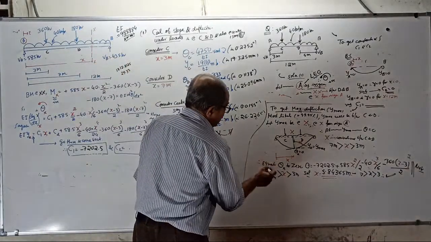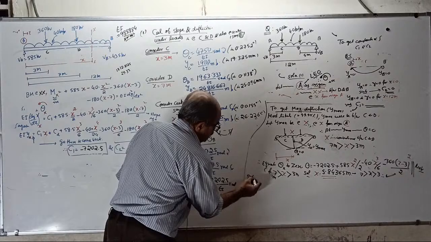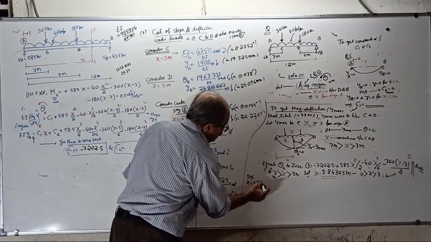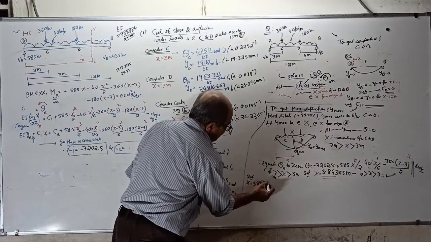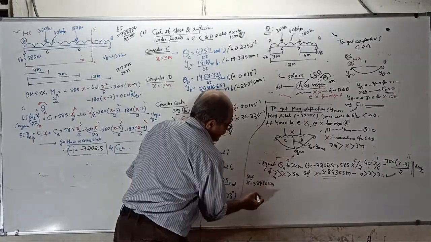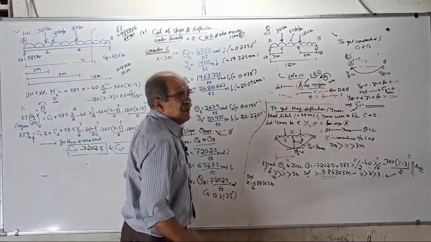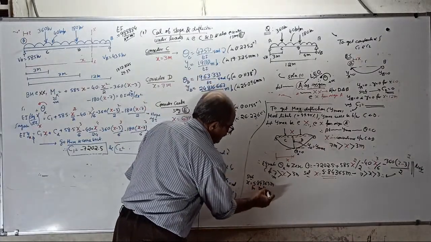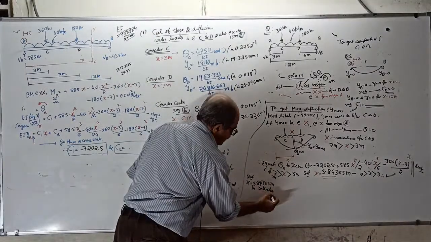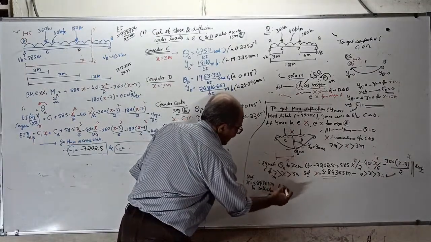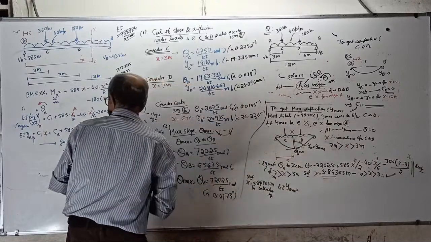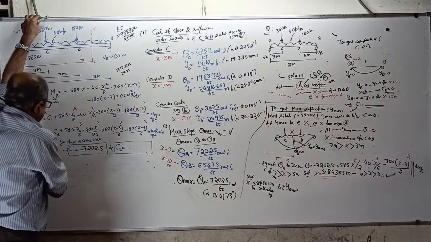Now, lastly, confirm. Substitute x equal to 5.84365 meter in where? In where means I will not tell. In deflection equation, you get EI y max equal to substitute C1 into x plus C2.